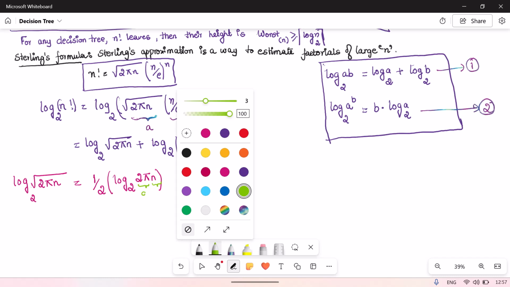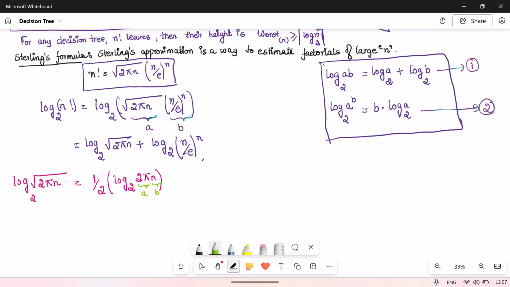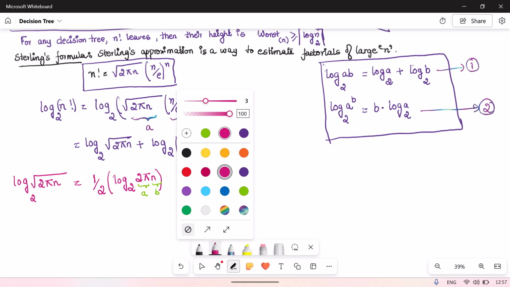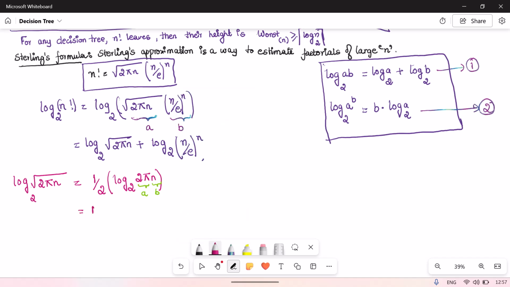So I'll take this as A and this as B. Okay. So what I will do, I will calculate it separately. So it will be half into log of 2 pi to the base 2 plus half into log of n to the base 2. I have separated them. Okay. This is your left part.